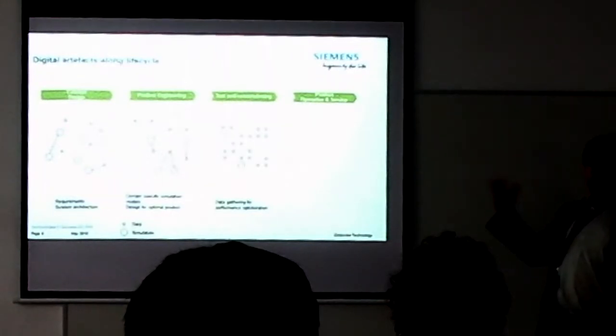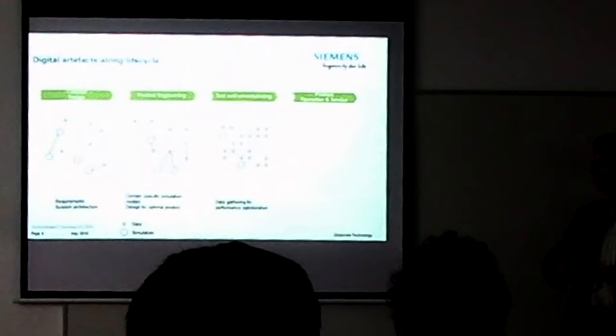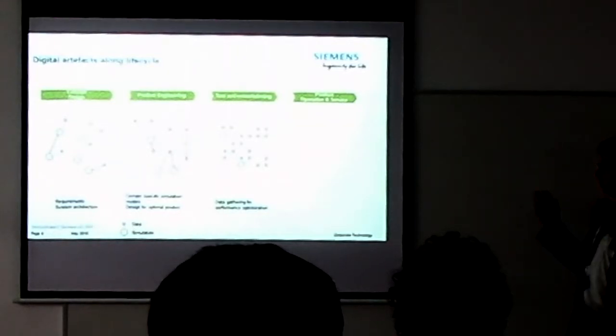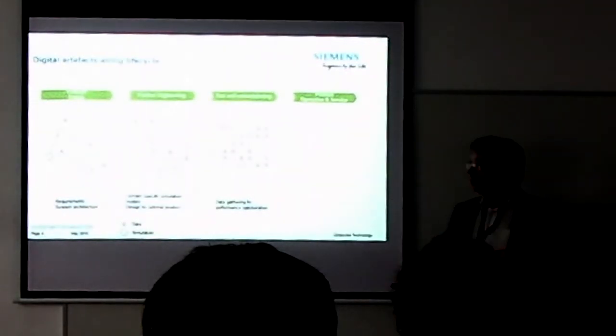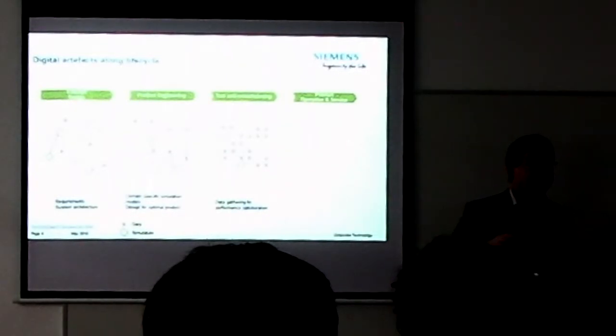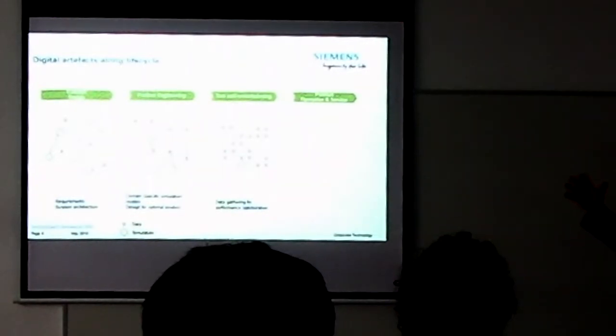Then it goes even further. If you go to the commissioning phase, you collect a lot of data, you optimize your product, you verify your requirements. You probably have some simulation models to help you, but it's also a separate stage.